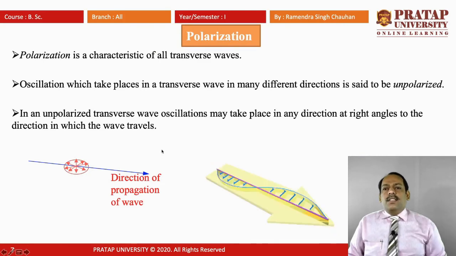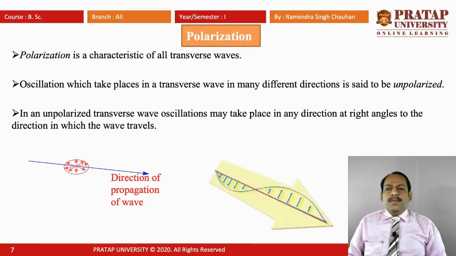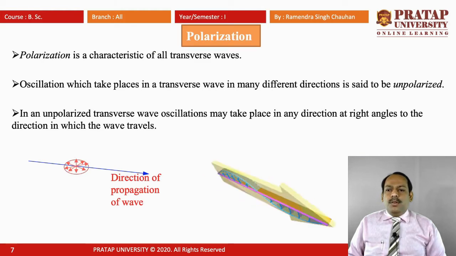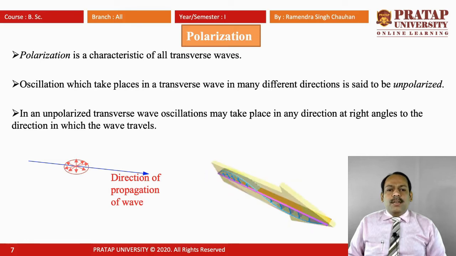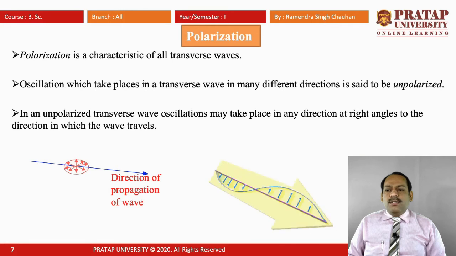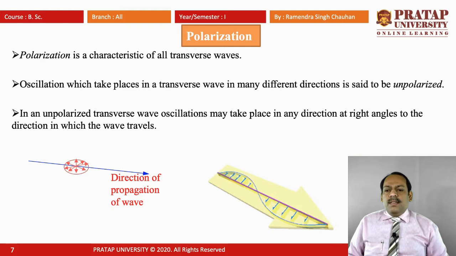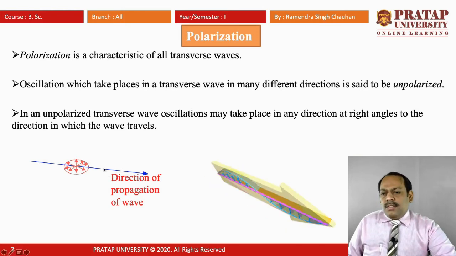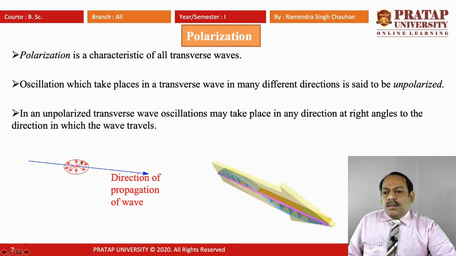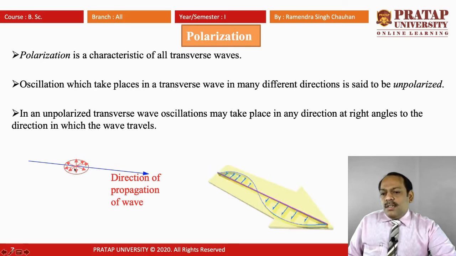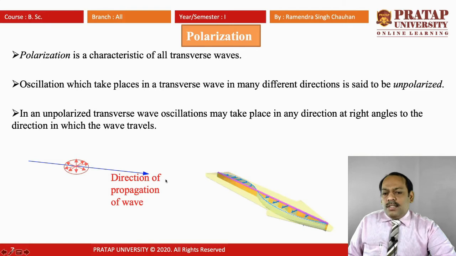Now polarization is a characteristic of all transverse waves. Oscillation which takes place in a transverse wave in many different directions is said to be unpolarized. In an unpolarized transverse wave, oscillation may take place in any direction at right angles to the direction in which the wave travels. So here we can see, if we are considering unpolarized light, the vibrations are in all the directions, and this is the direction of propagation.